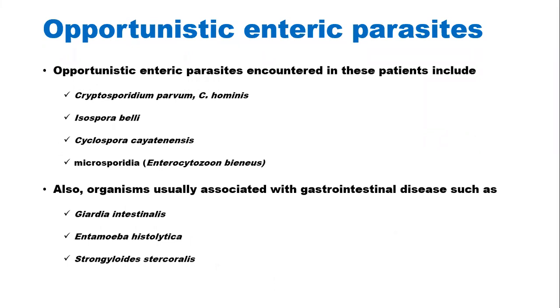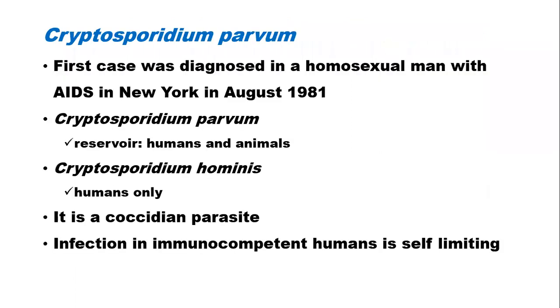So those listed agents are usually associated with opportunistic parasitic infection in immunocompromised patients. However, you should note that the usual organisms such as Giardia, Entamoeba, Strongyloides can still cause infection in this group of patients. It's just that now the presentation may be atypical because of their immunosuppressed or compromised state.